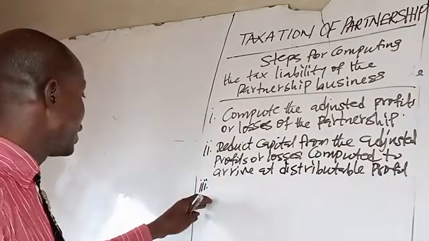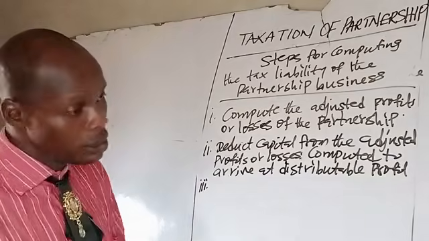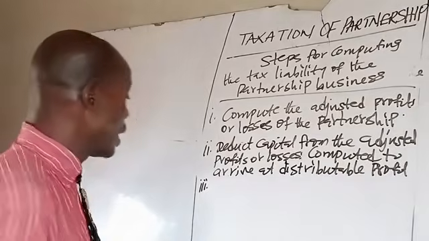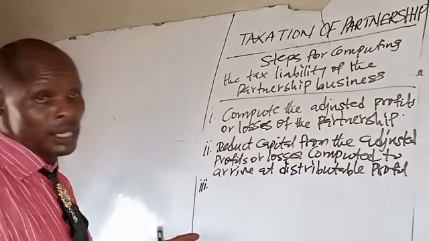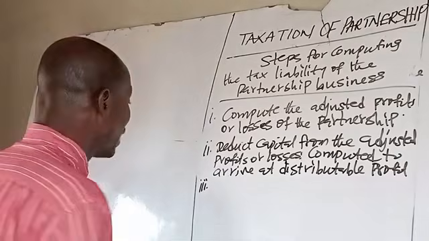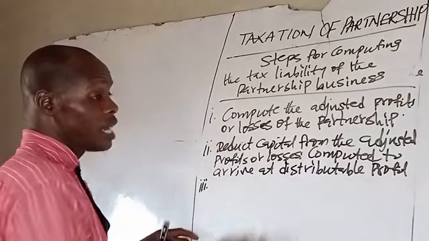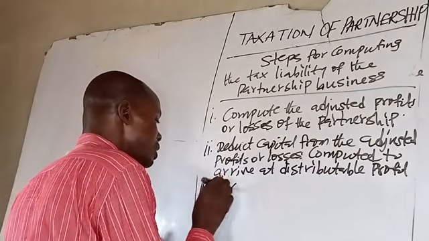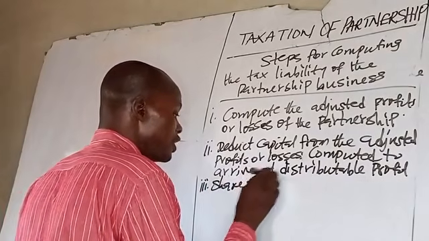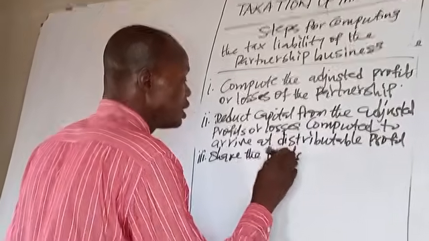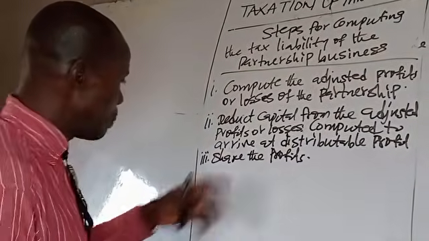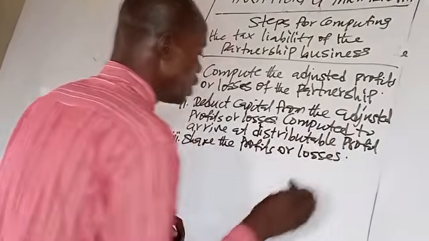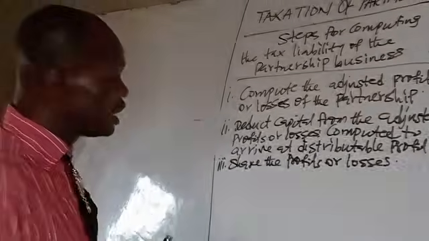You share it in their profits or losses sharing ratio. And I've told you what to do where there is no deeds of partners. That is, you share it equally if there are no deeds of partners. But if there are deeds of partners, you share it in accordance with their profits or losses sharing ratio. You share the profits or losses between or among the partners.